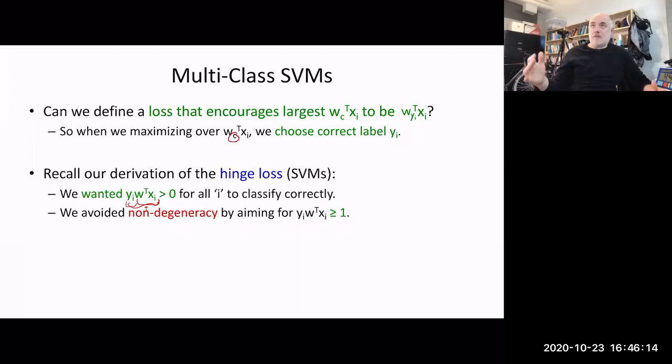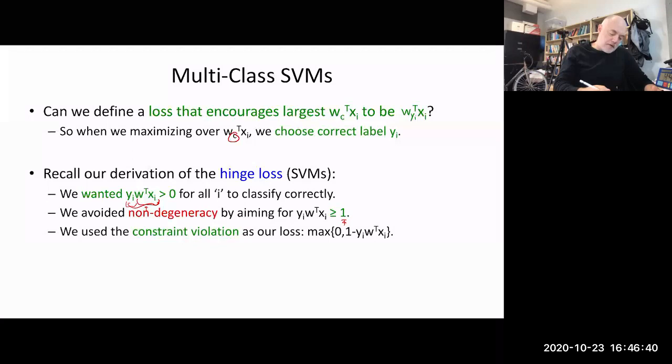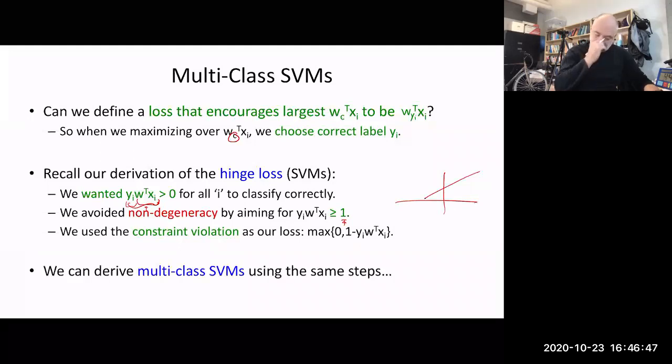We said, okay, if we construct a loss with constraint violation as the thing, then if we set W equal to 0, we get a degenerate loss. We don't learn anything, so we avoid the degeneracy by putting this margin or slack in here, right? And then we said, okay, the amount by which we violate this constraint is our loss, and this loss looks like so, right?